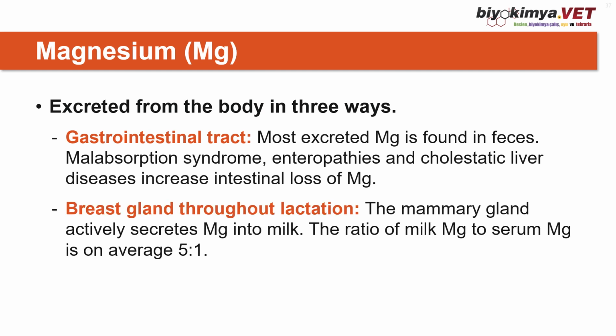The second way is the mammary gland throughout lactation, and this only happens in lactating animals. The mammary gland actively secretes magnesium into milk. This is favorable for the baby, but it's a kind of loss of magnesium for the mother. The ratio of milk magnesium to serum magnesium is on average 5 to 1.